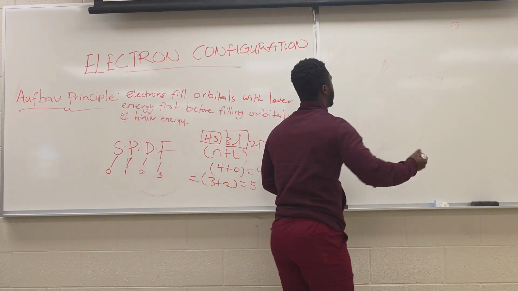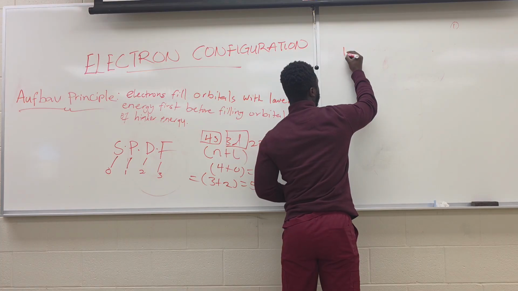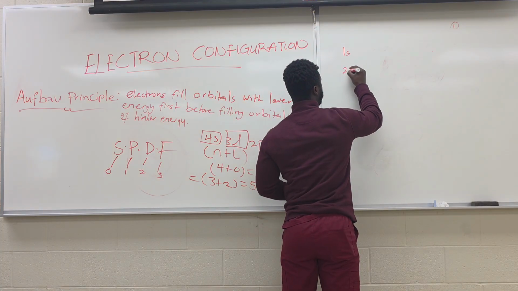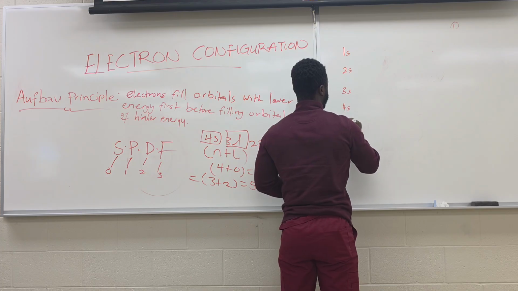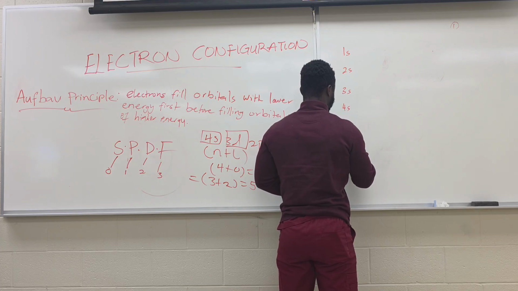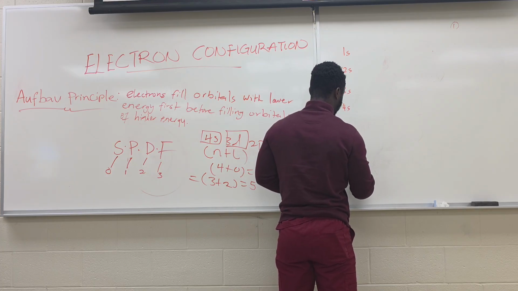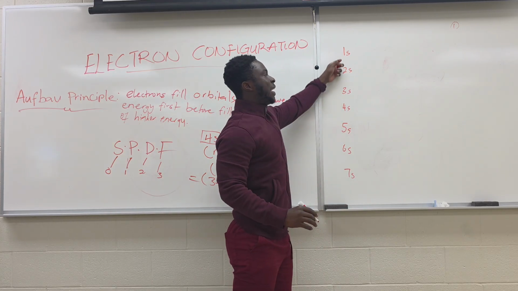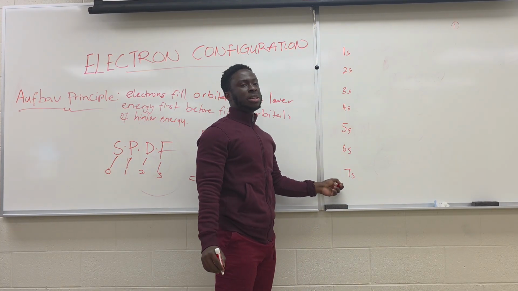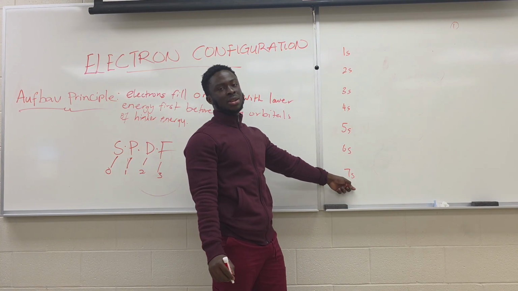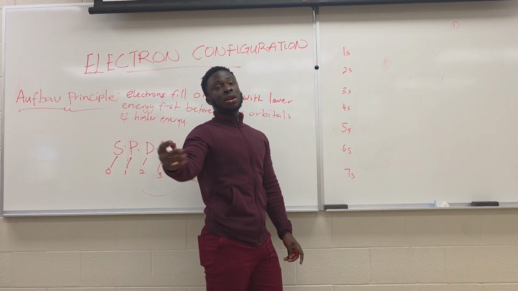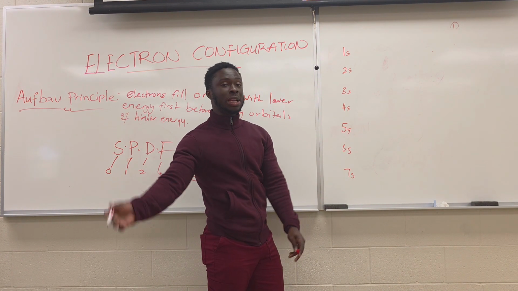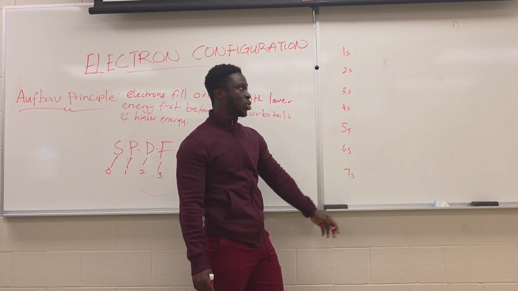First of all, let's start with 1s, 2s, 3s, 4s, 5s, 6s, and then 7s. These are the s orbitals. Let's say we have the principal quantum number up to 7. They can go on and on. If they discover bigger atoms or elements, the principal quantum number goes on.